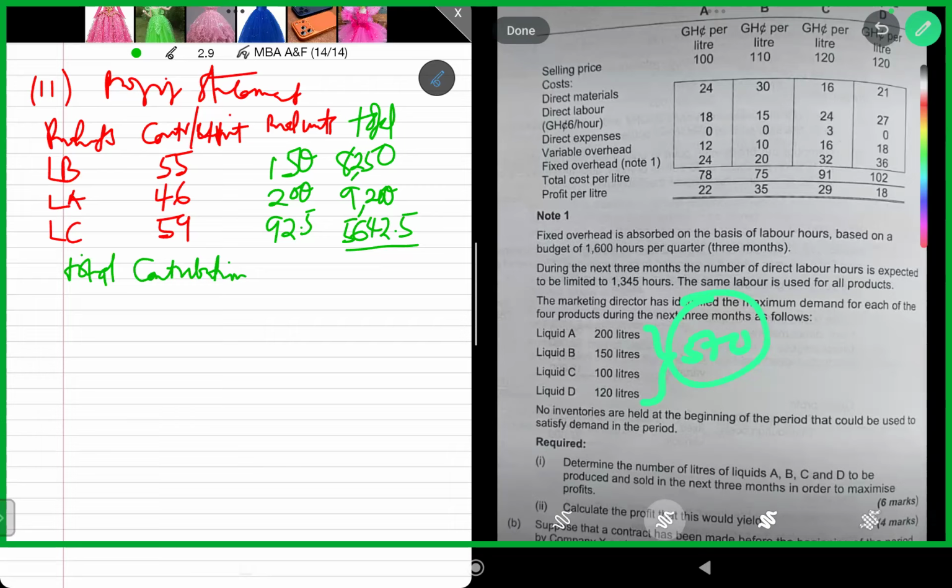A little mix up here. 5457.5. So check the contribution per unit. What we've written, are they correct?